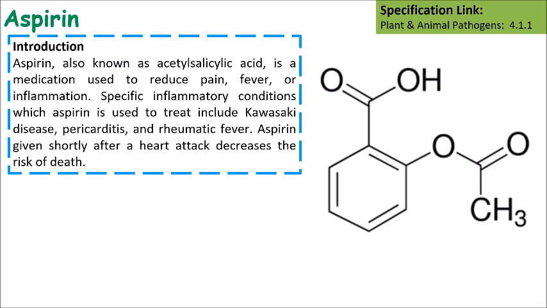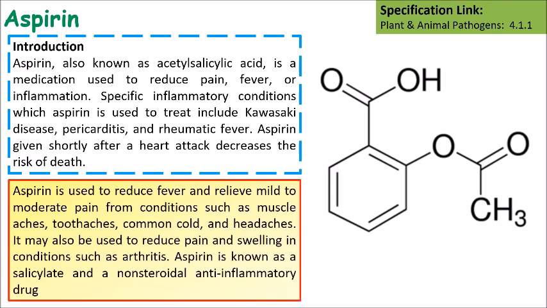Aspirin given shortly after heart attacks also decreases the risk of death. So aspirin is used to reduce fever and relieve mild to moderate pain from conditions such as muscle aches, toothaches, common cold and headaches. It might also be used to reduce swelling in some conditions such as arthritis.